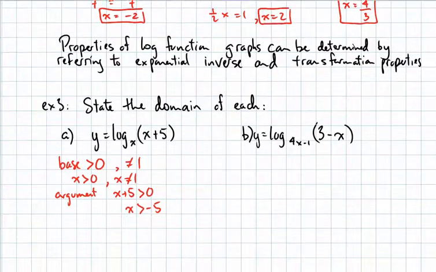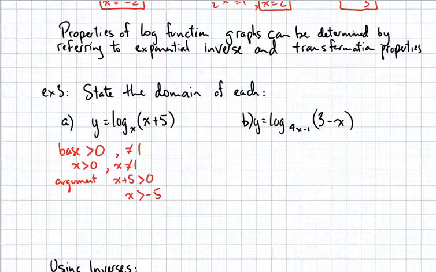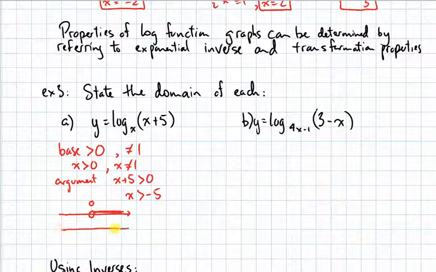Now, we've got several different restrictions, and I've got to compile these together and take the most restrictive case. So greater than 0 looks like this. Not equal to 1 looks like this. And greater than negative 5 looks like this. These are the three different situations that I've got to match up, and I can only use the parts that agree with each other.